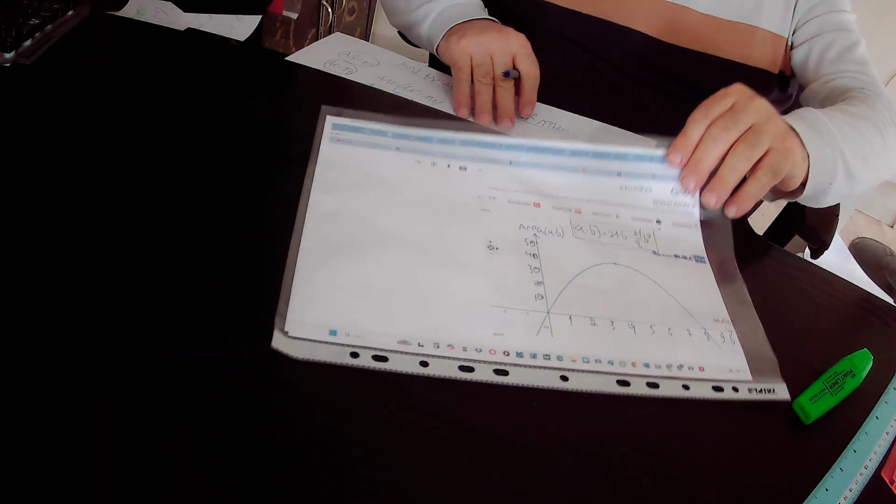So the only thing that we have to do is to put the value b equals 4 inside the function area in order to find out what is the maximum area of rectangle PQST, because we know that b equals 4 is indeed the maximum extreme point.